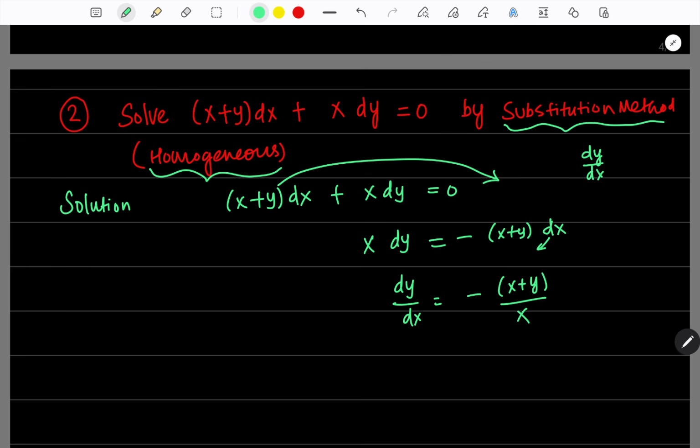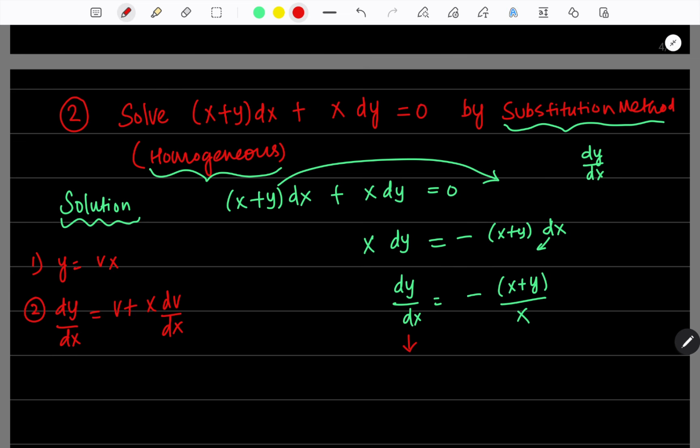So now I'm going to start the steps. What is step number 1? Let me recollect again. Step number 1 is put y equals vx. What is step number 2? dy by dx is equal to v plus x dv by dx. These are the two steps I'm going to apply now.